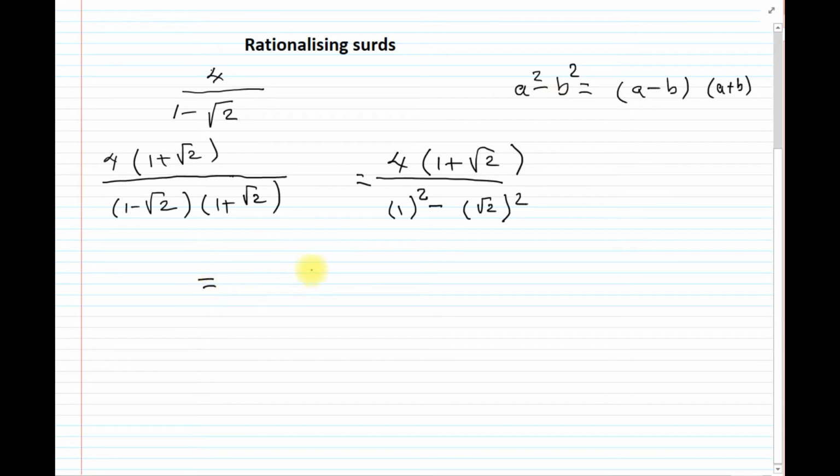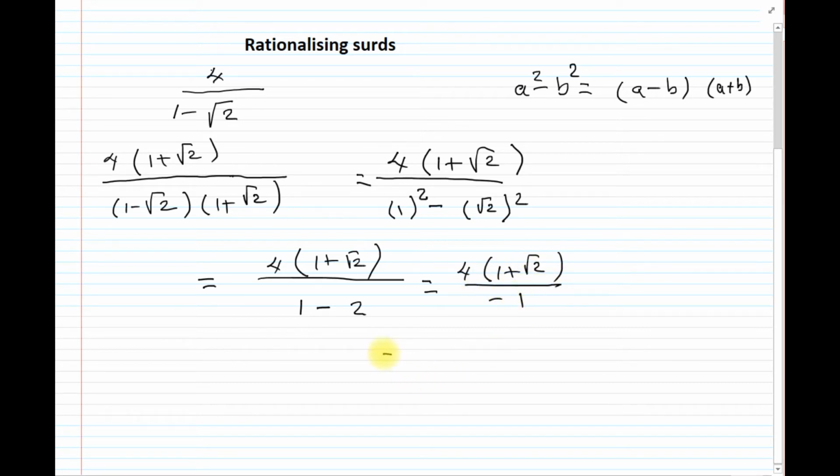And then this will be reduced to 4 bracket 1 plus square root of 2. And the denominator will be 1 squared is 1, square root of 2 squared is 2, sorry. So this will be 4 times 1 plus root 2 divided by minus 1, which will be equal to minus 4 times 1 plus root 2.